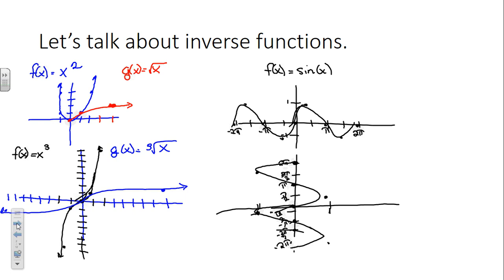Get the idea? It's not a very good graph. Okay? So all we're doing is reversing the x and the y coordinates. Our x-axis now has what was on the y, and the y-axis has what was on the x.